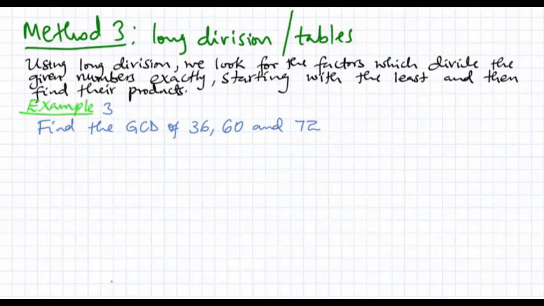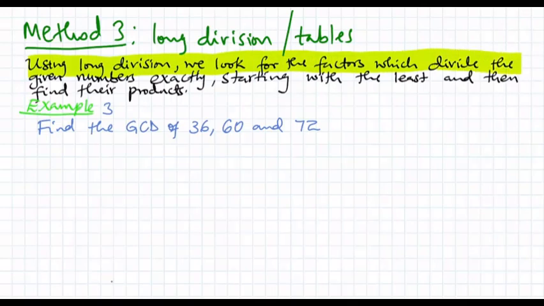Method 3, we are going to use long division or using tables. So we are going to draw tables and arrange those numbers in columns. So using long division, we look for the factors which divide the given numbers exactly, starting with the least and then find their product.